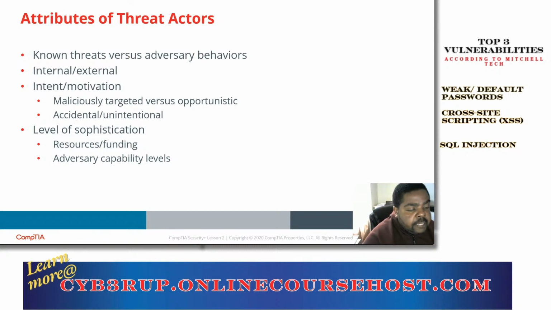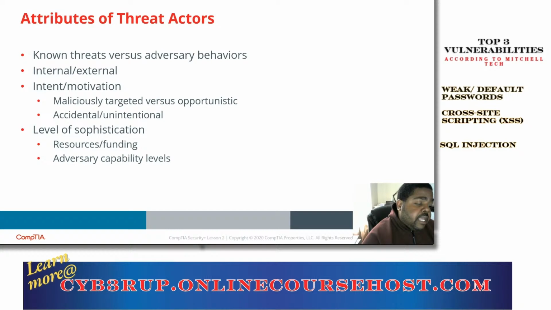It could be I have a target audience. I'm going for anybody who is a baby boomer, I'm going for that older audience. It could be I work for a competitor and I want to drive traffic over to my product versus my competitor's.